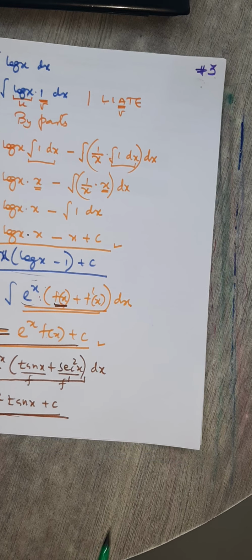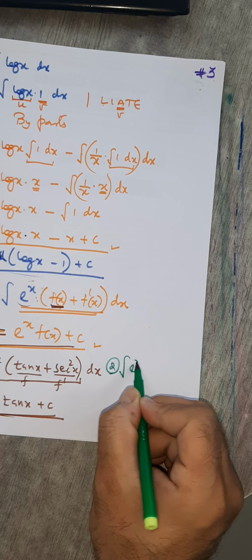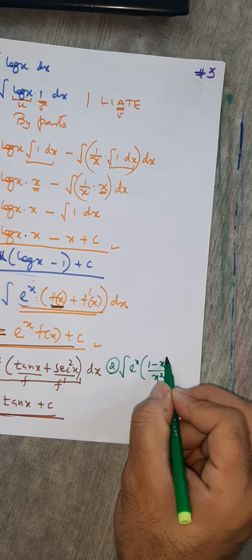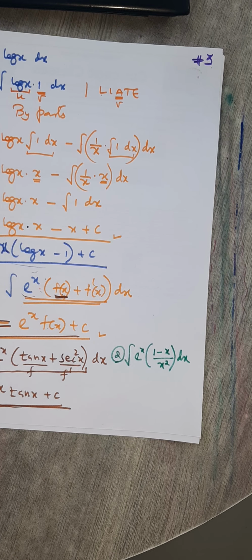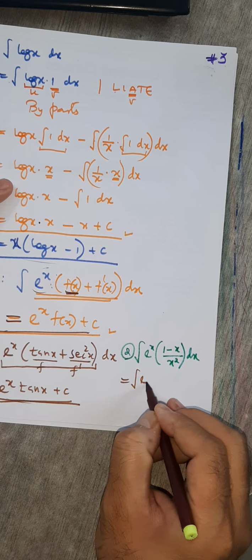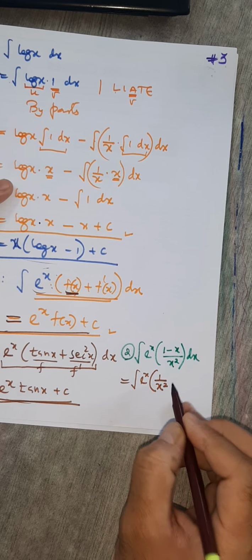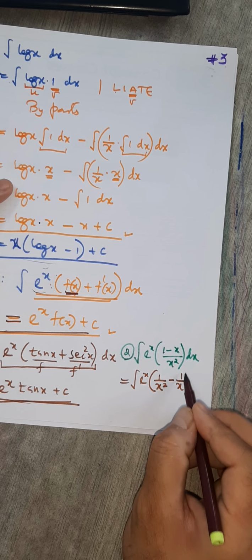One more, suppose I have here e raised to x only. Remember, I have 1 minus x upon x square, for example. Now what I'll do is individual division inside the bracket. So I have e raised to x as it is, this upon this, that is 1 by x square, minus this upon this, that is 1 by x.